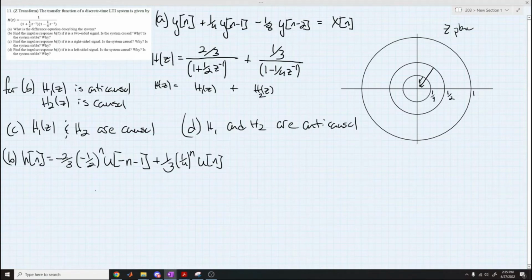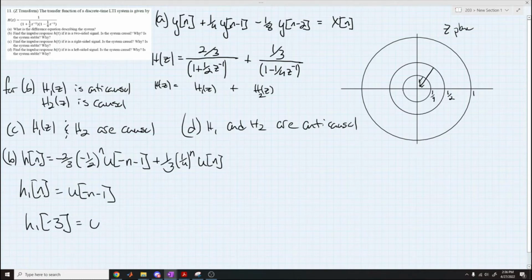Let's just take a look at H1. So let's say we know that H1 of n is equal to minus 2/3, and let's even ignore that coefficient right now. Let's just say it's this unit step. Well, what's H1 of -3?